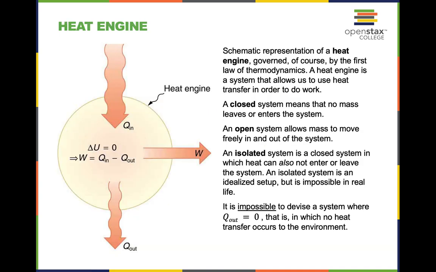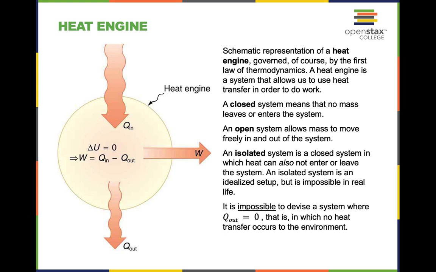So, schematic representation of a heat engine, governed, of course, by the first law of thermodynamics. A heat engine is a system that allows us to use heat transfer in order to do work. A closed system means that no mass leaves or enters the system. An open system allows mass to move freely in and out of the system.